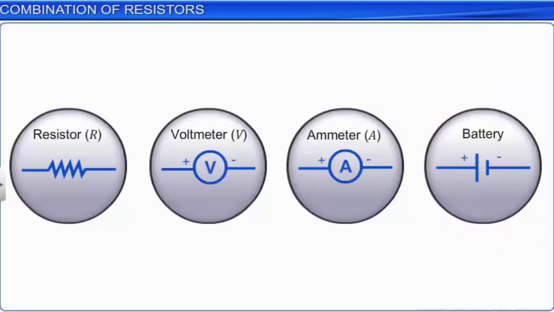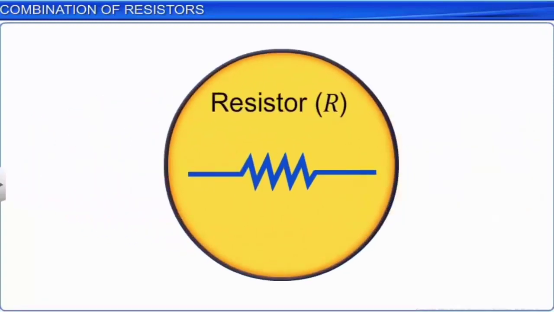As you learnt earlier, there are various elements used in an electrical circuit, such as a resistor R, voltmeter V, ammeter A, and battery, which are represented here. These will help you understand the various circuits dealt with in this module. Resistors are one of the important components in a circuit.